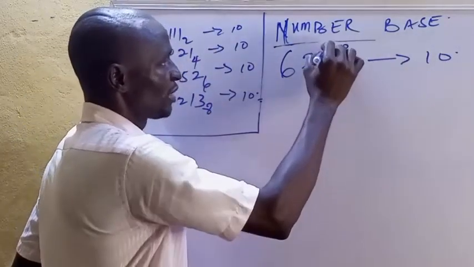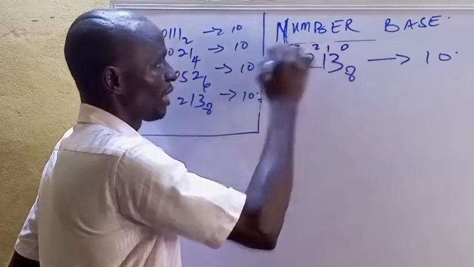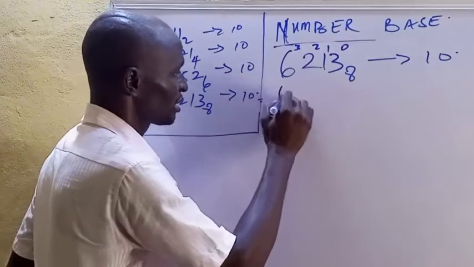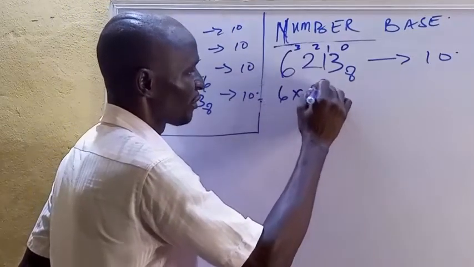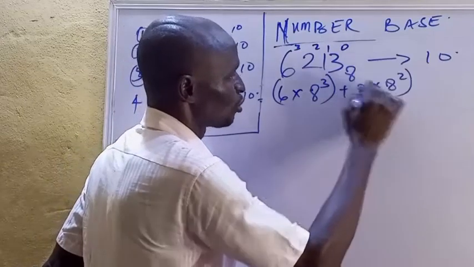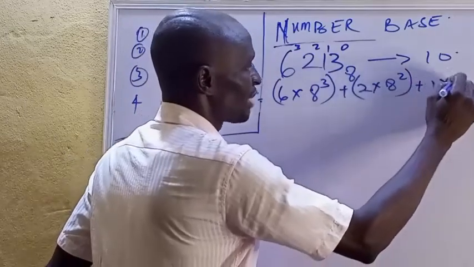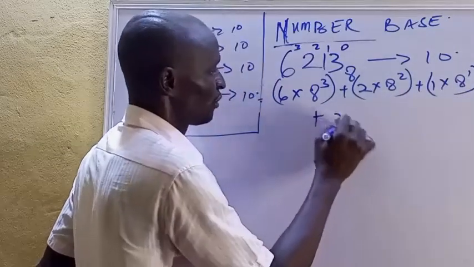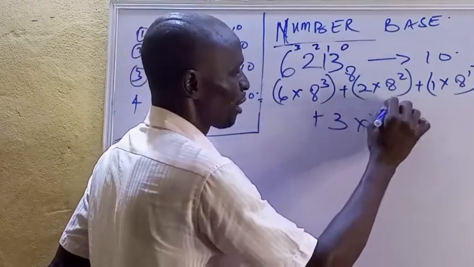This is going to be raised to power 0, power 1, power 2, and power 3 in the expansion system. So we're going to do this 6 times 8 raised to power 3 plus 2 times 8 raised to power 2 plus 1 times 8 raised to power 1 plus 3 times 8 raised to power 0.